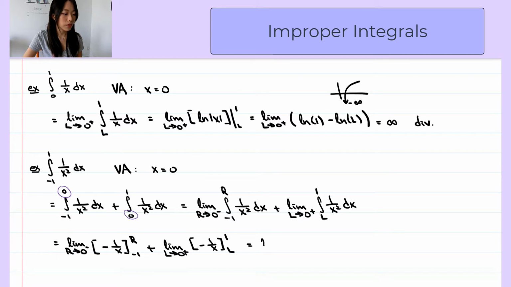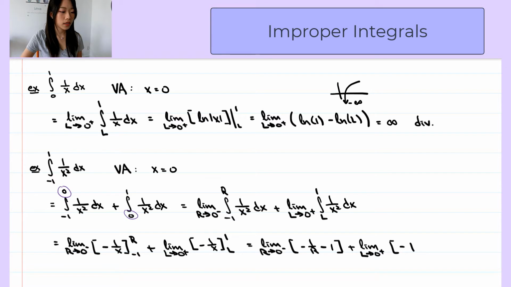Which equals the limit as r approaches 0 from the left of negative 1 over r minus 1, plus the limit as L approaches 0 from the right of negative 1 plus 1 over L. This term, as r approaches 0 from the left, means we have a very small negative value.